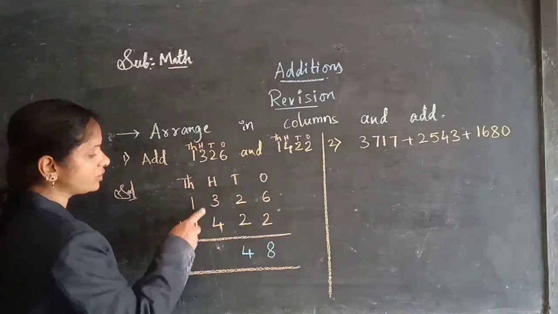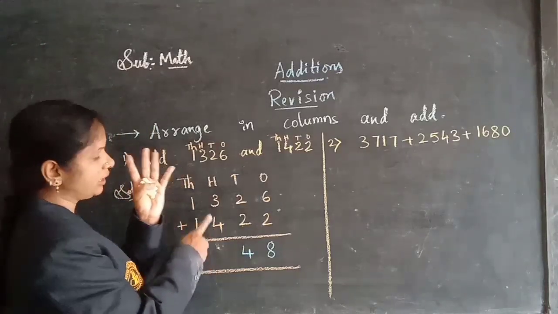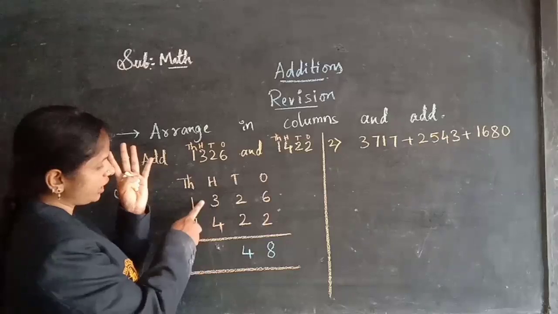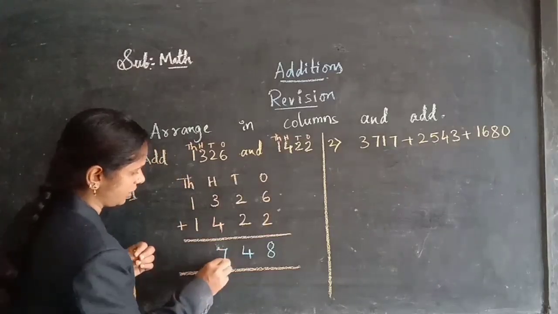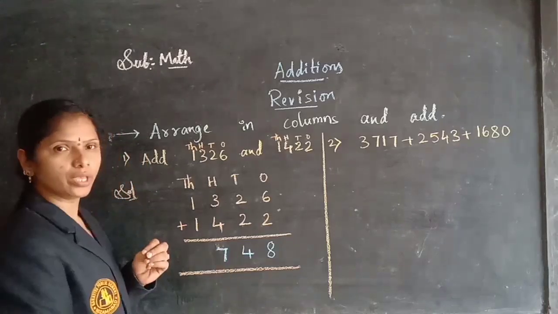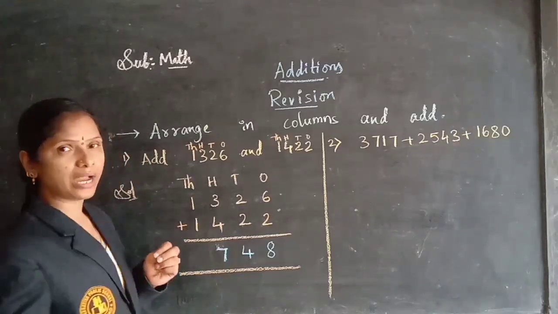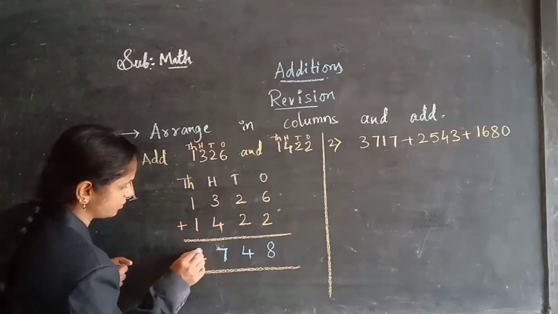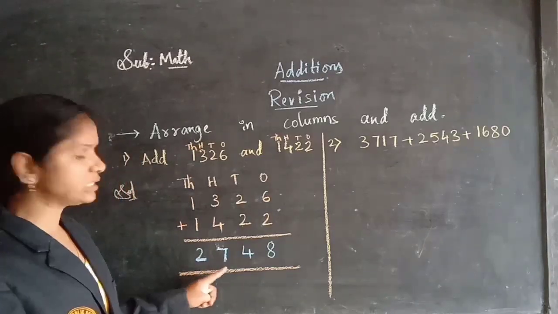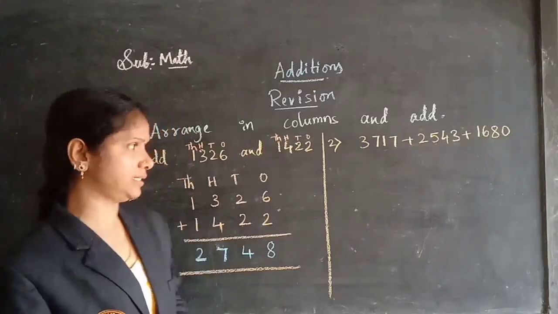Next 3 after I need to add 4. 3 after 4, 5, 6, 7. 7 I am getting here. Now 1 after I need to add 1. So 1 after next one I am adding means 2 we are getting here. So 2748 is the answer, children.